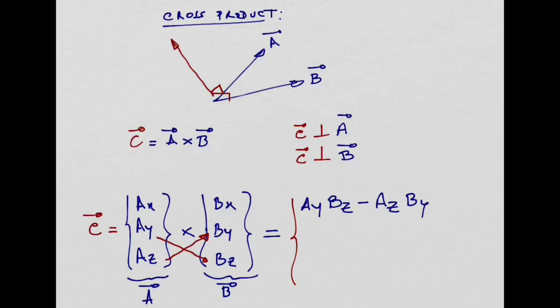That's why they call this the cross product. This is for the X component.